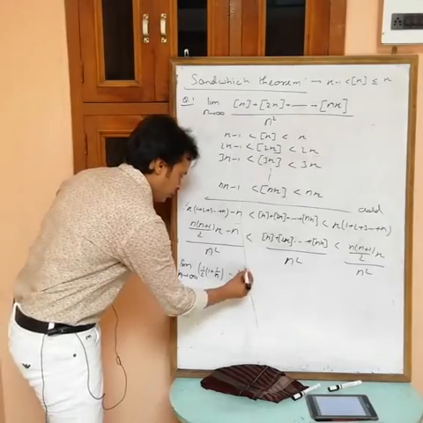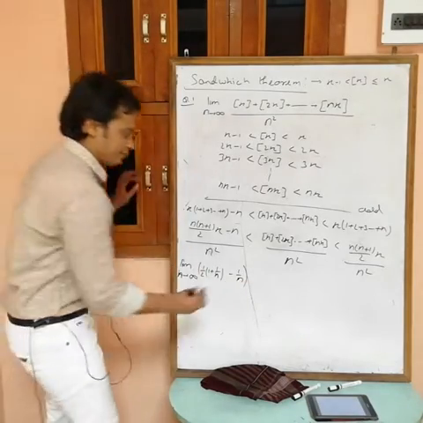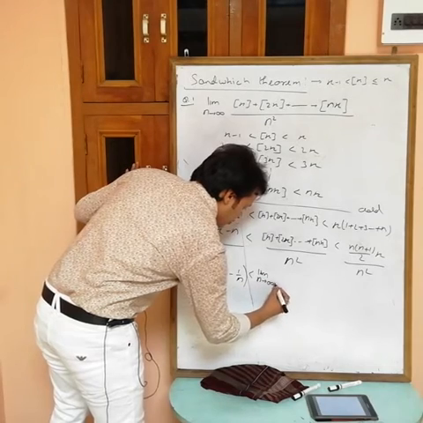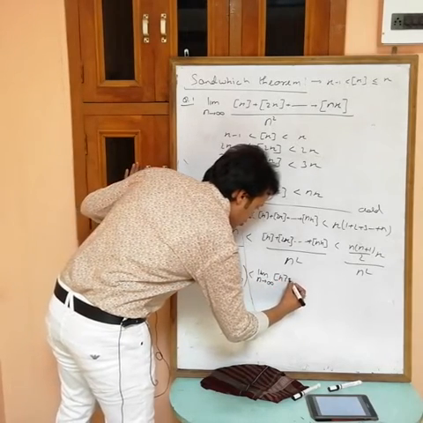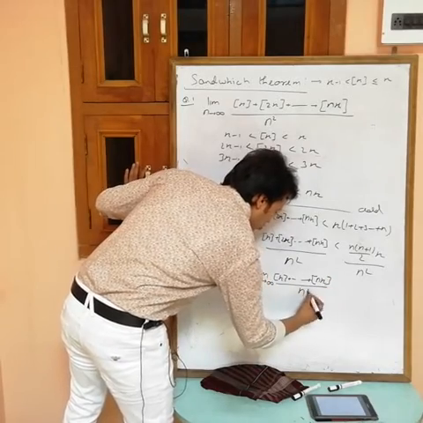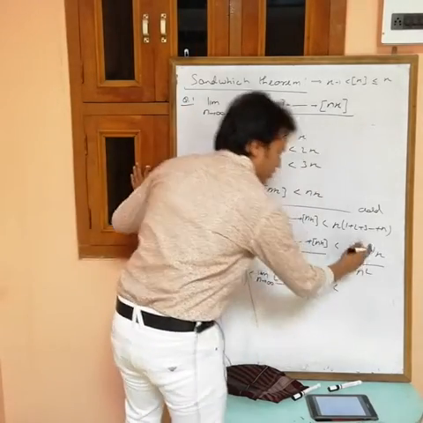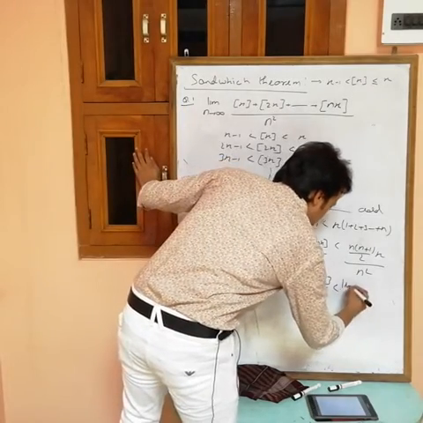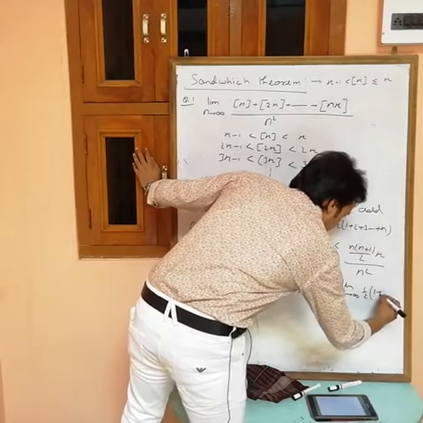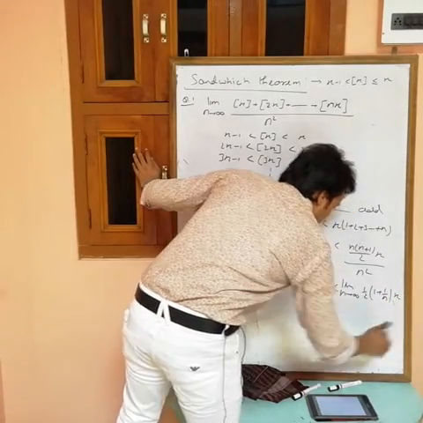Taking the limit as n tends to infinity, the middle term is the limit of the sum of greatest integers from x to nx, divided by n square, and here also n square cancels out, giving 1 by 2 times (1 plus 1 by n) times x.